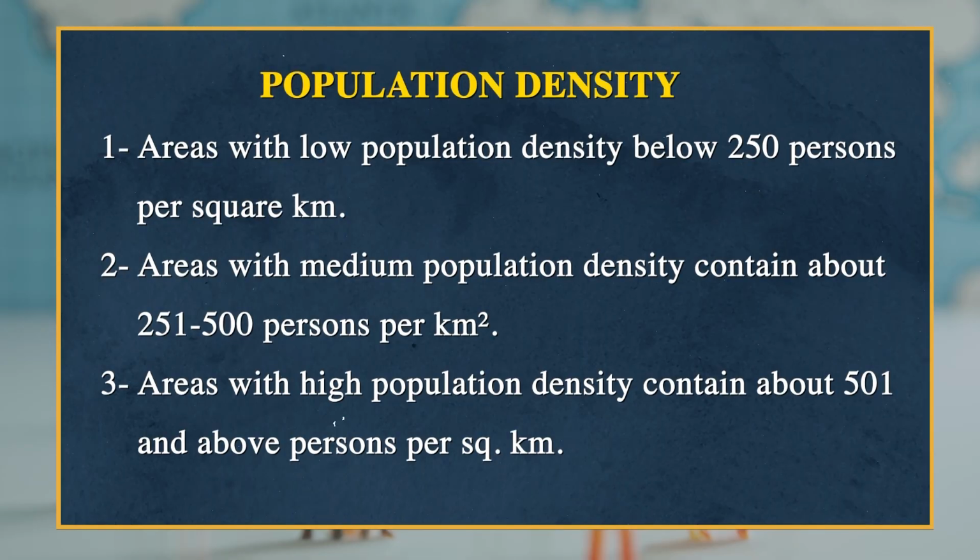The first one, areas with low density of population, that is below 250 persons per square kilometer. Second one, areas with medium population density containing about 251 to 500 persons per square kilometer. And the third one, areas with high population density. They contain about 501 and above persons per square kilometer.